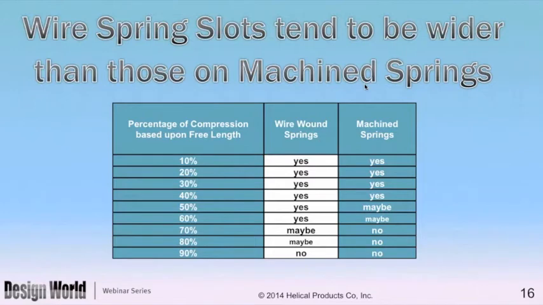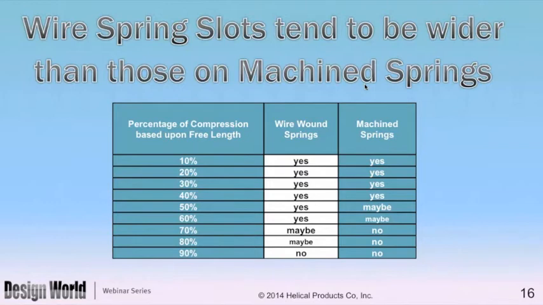When people look at compression springs, they often will want to compress them a lot, or as much as they can be compressed. And the wire wound springs can get probably in the neighborhood of 60% of their overall length removed by compression.